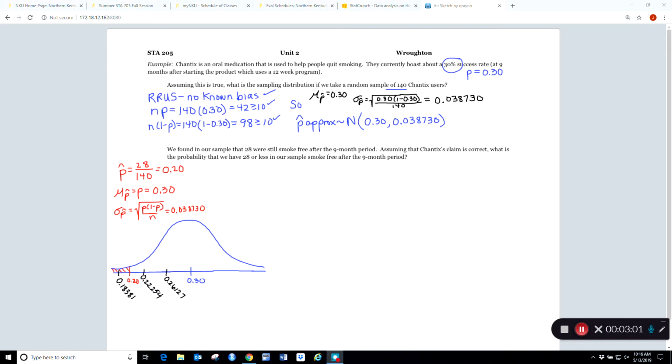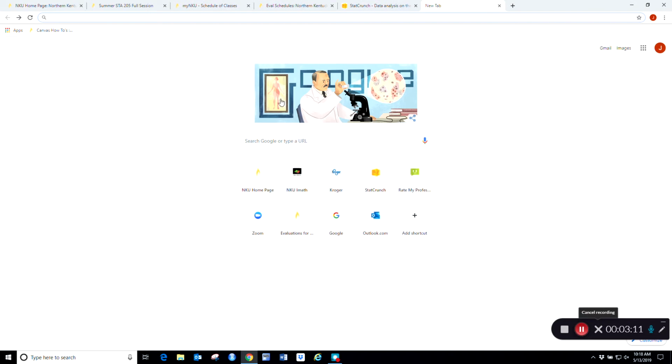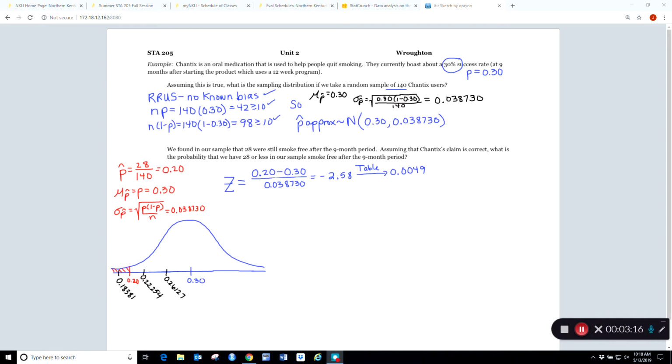The next thing I would need to do is calculate my z-score and go to the table. Calculating my z-score, which is our value of p-hat, 0.2, minus our mean of 0.3, divided by our standard deviation, which we've already calculated, 0.038730. We should have got a z-score of about negative 2.58, which should make sense because we're to the left of the mean, which is why it's negative, and we're between 2 and 3 standard deviations below the mean.